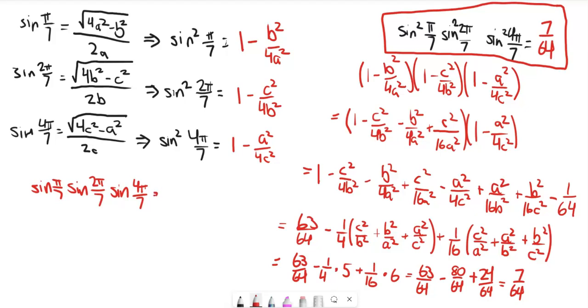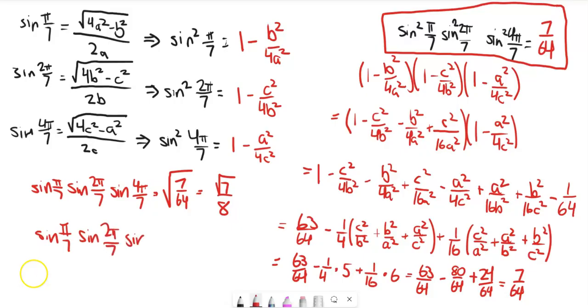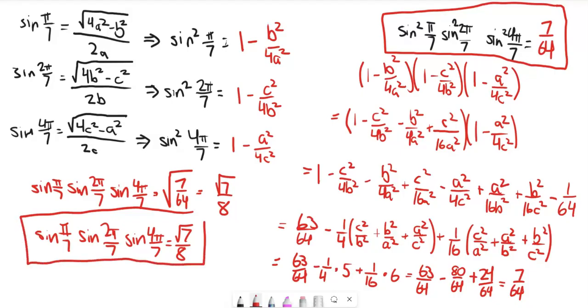You'll get the square root of 7 over 64. 7 is not a perfect square, but 64 is. So you get root 7 over 8. So the sine of pi over 7 times the sine of 2 pi over 7 times the sine of 4 pi over 7 is equivalent to root 7 over 8. And I always have found that calculation quite fascinating.